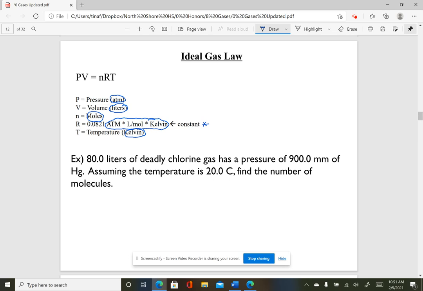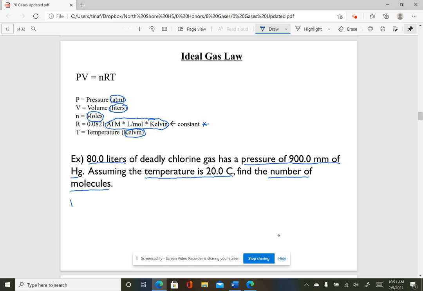So let's look at this question. 80 liters of deadly chlorine gas has a pressure of 900 millimeters of mercury and a temperature of 20 degrees Celsius. Find the number of molecules.